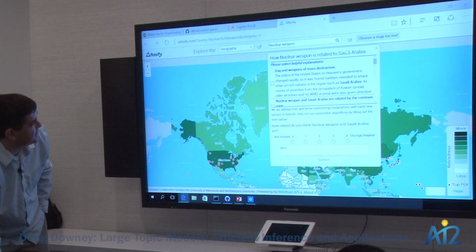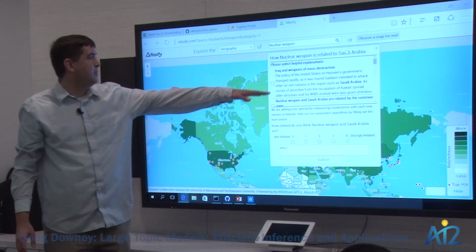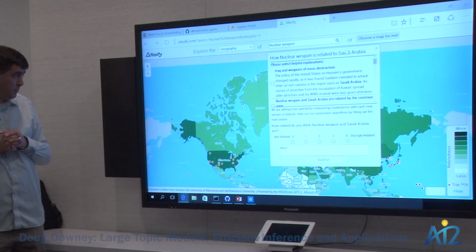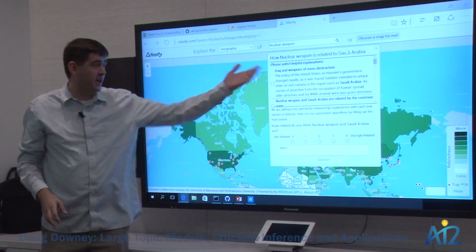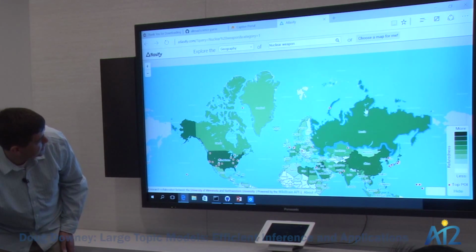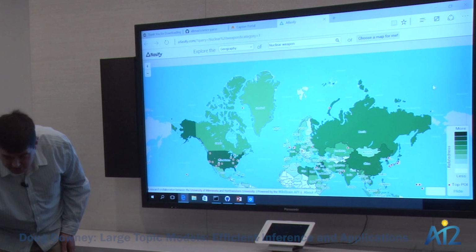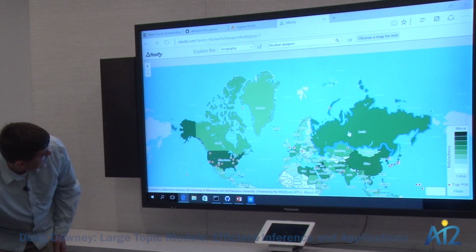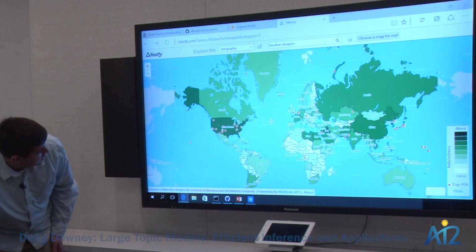This is a particular sentence grabbed from Wikipedia about fears that Iraq would use nuclear weapons on Saudi Arabia, right? So that's one way that Saudi Arabia is related to nuclear weapons. Not so much that they have them, but instead that there was concern that Iraq would attack them with them.